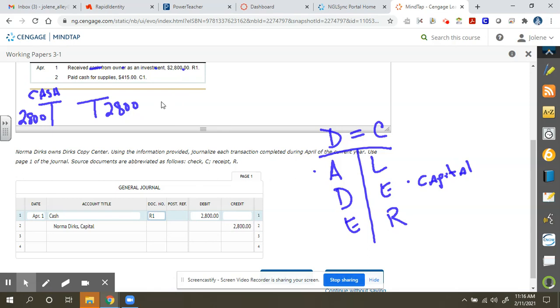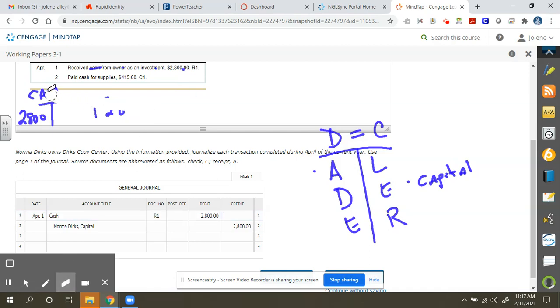Whenever anybody gives money to the company, you write a receipt for it. You record it and you give them a receipt. So even in this case, where Norma is giving money to her own company, she still has to write a receipt for that. All right, so I'll erase this stuff.